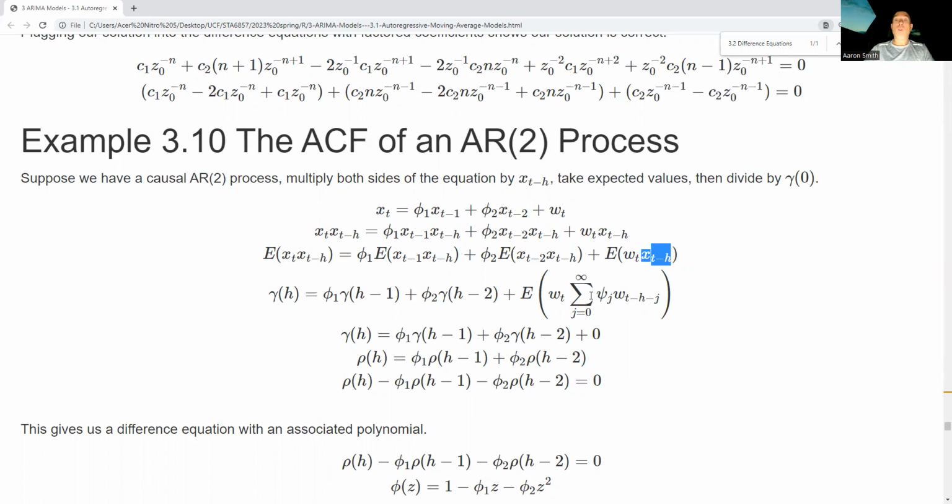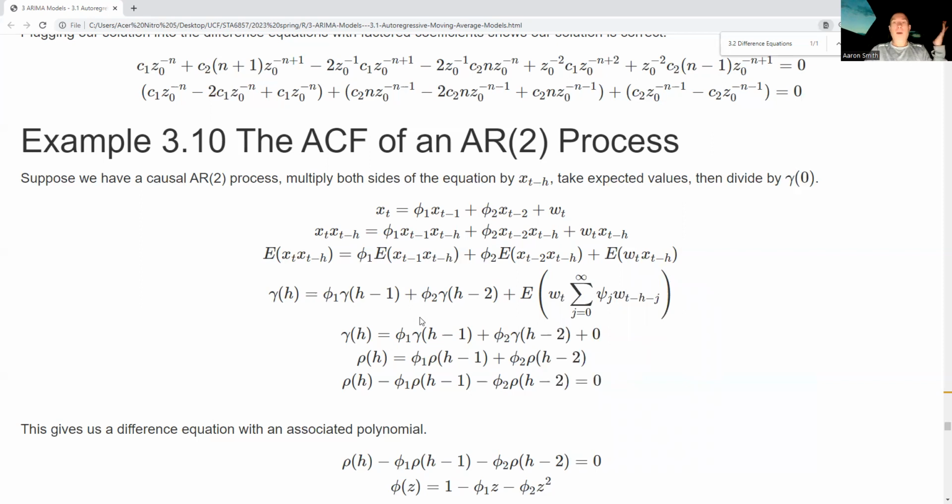So I replace this x with this infinite sum on white noise. Now, why did I do that? Well, you'll notice that I've got white noise times white noise. When I distribute this w sub t, I'm going to see that I have white noise times white noise. That means the autocovariance is equal to 0, which means the autocorrelation is equal to 0. And so, boom, everything works out.